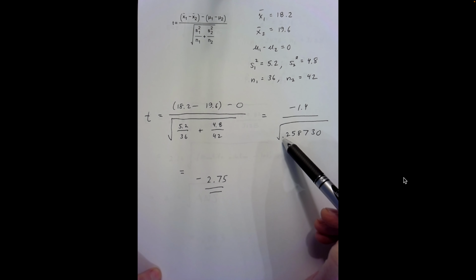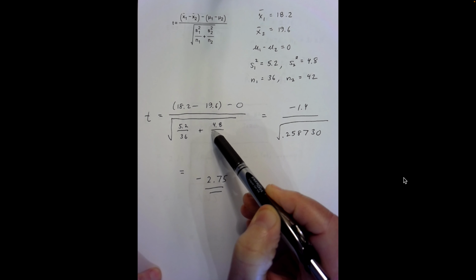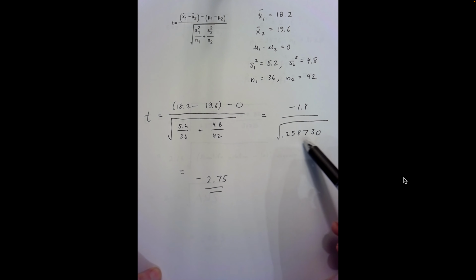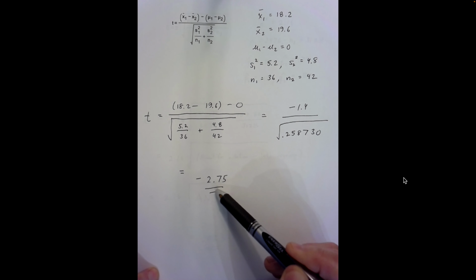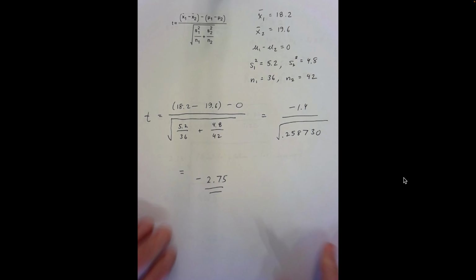Now, if you don't like using the answer key on your calculator, then just make sure when you round this off that you take it out to like 6 or 7, maybe even 8 spots, when you take this divided by the square root of this answer to get your test statistic.